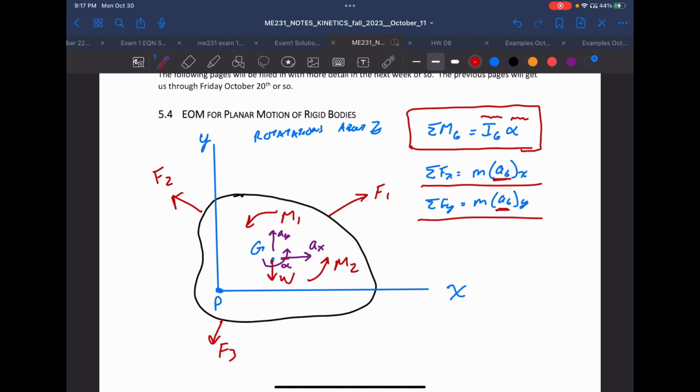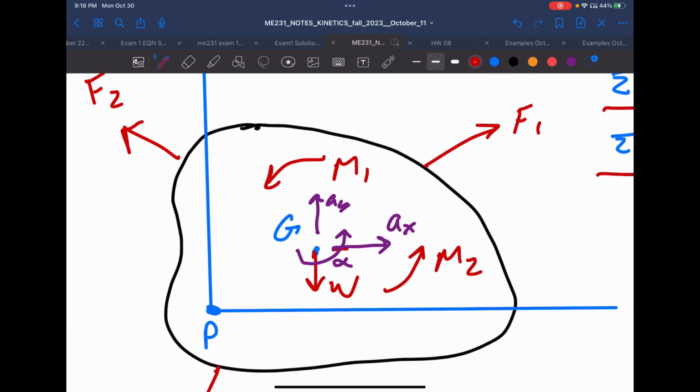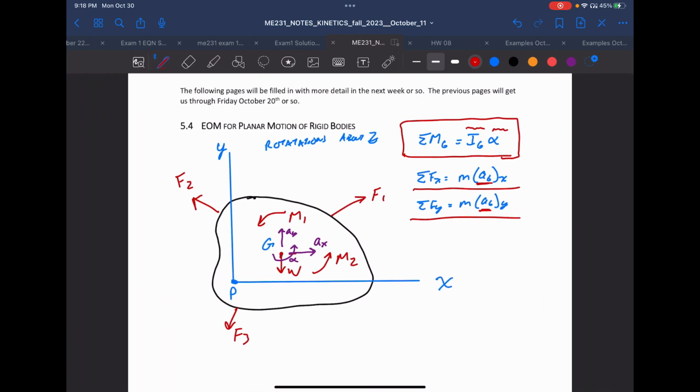That's the only inertial term that you're going to have when you are summing moments about the center of gravity. Because if I look at my inertial components, which are alpha, AY, and AX in this case, AY and AX, as I've drawn them, go through the CG. So those cannot create inertial moments. So the only thing left is IG alpha. So that's why that one looks like that.